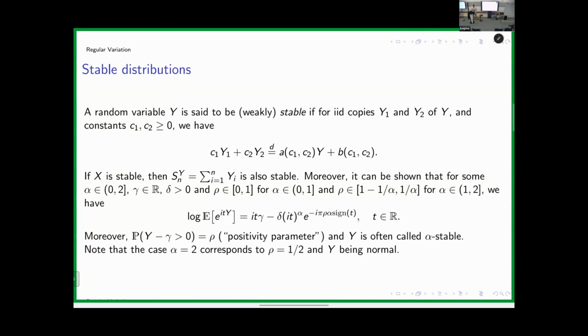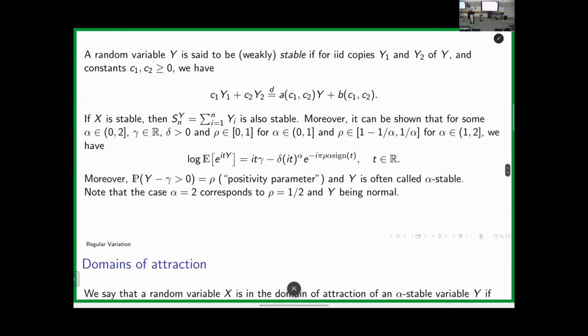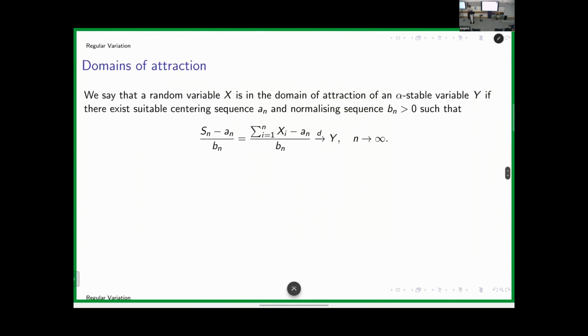Okay. And now, why do these distributions arise all the time? Well, because in some sense, many variables are attracted to them, and they're the only things you can be attracted to in a certain sense. So more explicitly, we will say that a random variable x is in the domain of attraction of an alpha stable variable y if you can find suitable sequences of centering constants an and normalizing constants bn, always positive, such that this quantity, defined as this thing, converges weakly to y, so in distribution.